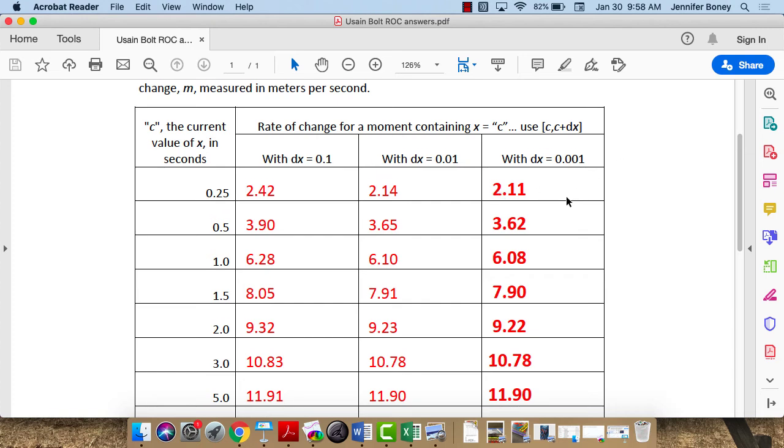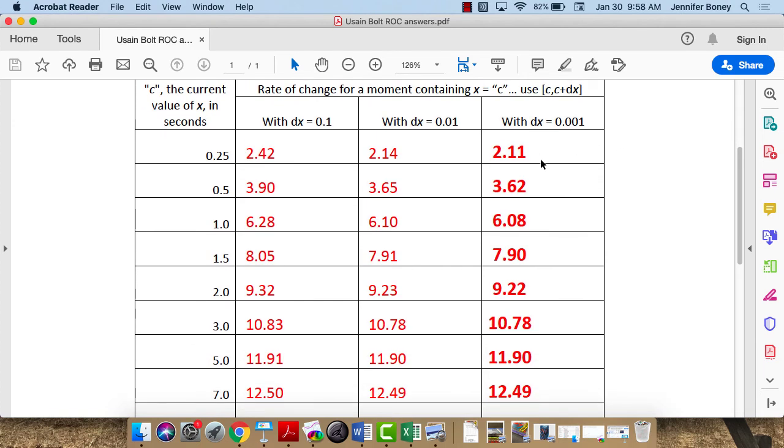Looking at this pattern of numbers, it's kind of the same throughout, although at the beginning there's a large difference, 0.3 meters per second, between using a small interval and a large interval. The one that we did together has a difference of 0.1 meters per second, or actually less than that, 0.05 meters per second.